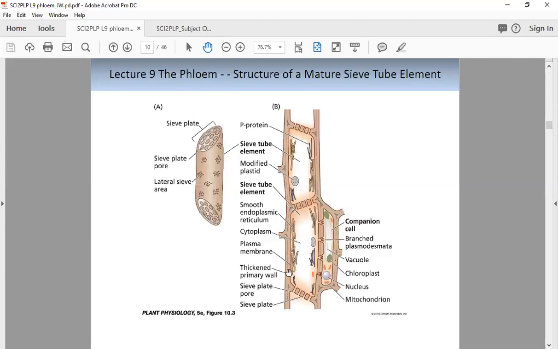We've got a thickened primary cell wall, and adjacent to this particular sieve element, we have another component of the phloem, that is one type of companion cell, which is also always very closely associated with these cells.